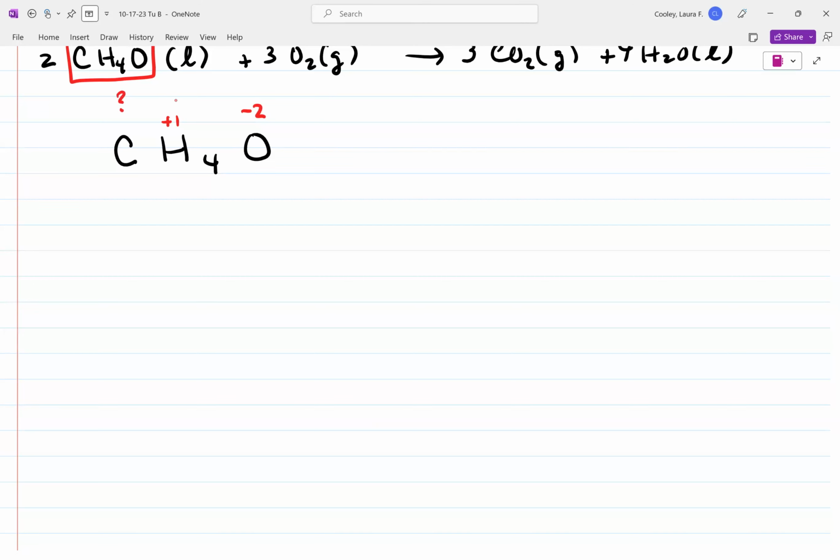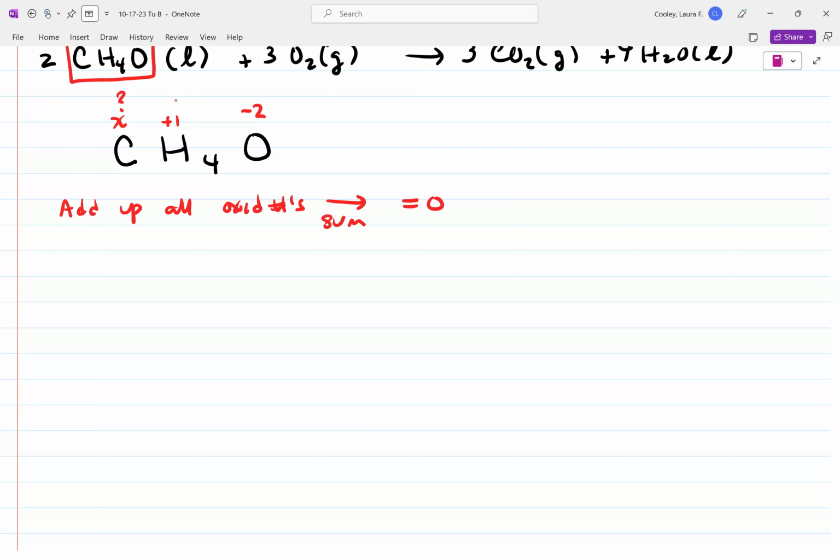In math, when you learn about algebra, what do you call the thing that you don't know? Right, let X be the unknown. Now I have to add up all the oxidation numbers, and the sum is going to equal 0.